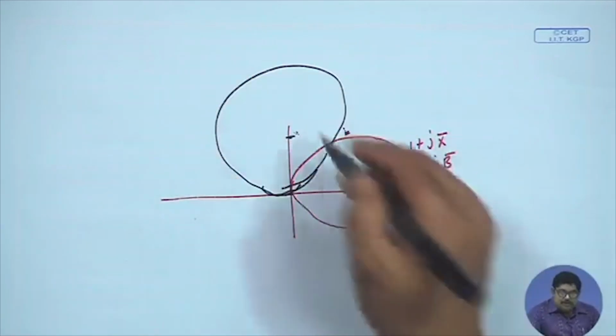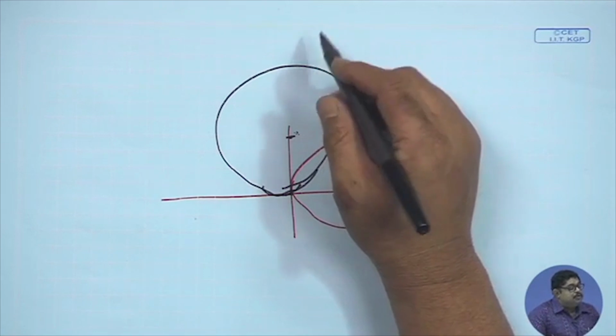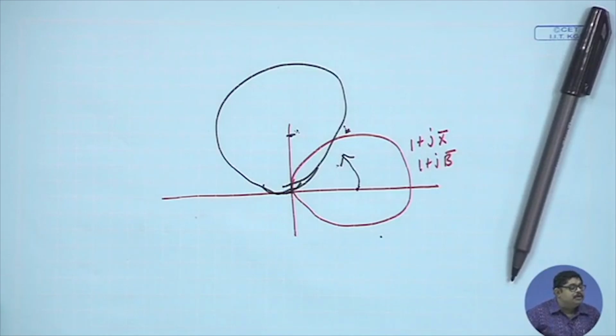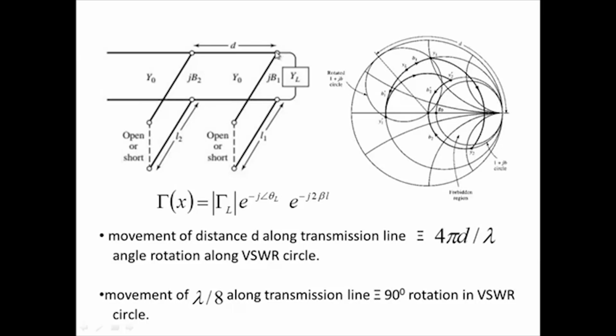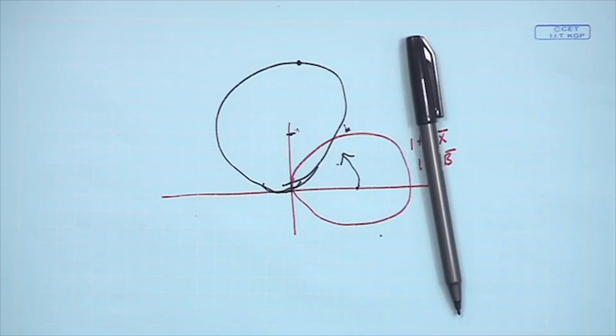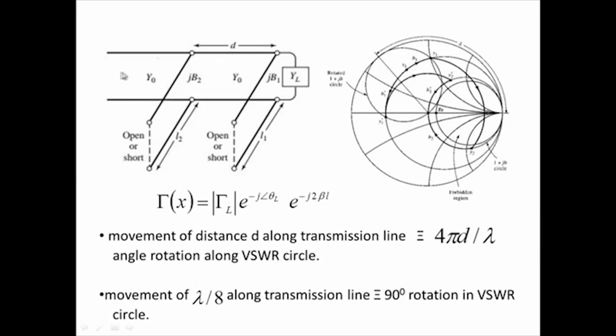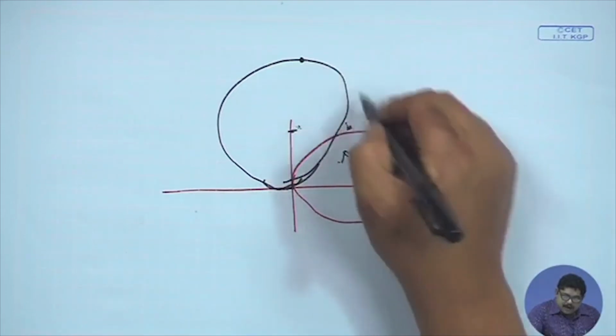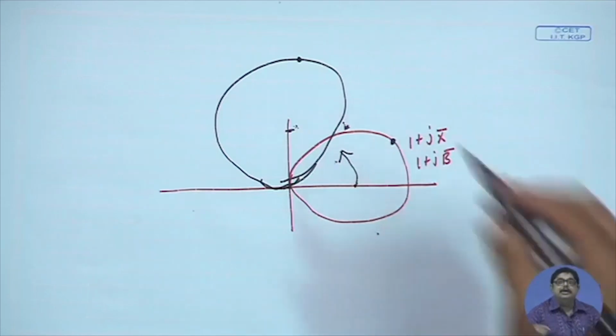Now, what is the beauty of this? Suppose I was at this point. If I move here, then where will I be? Suppose I am on this circle. This movement is towards the generator, because this side is the generator. So, from here a movement of D means I will come 90 degrees here, somewhere here.